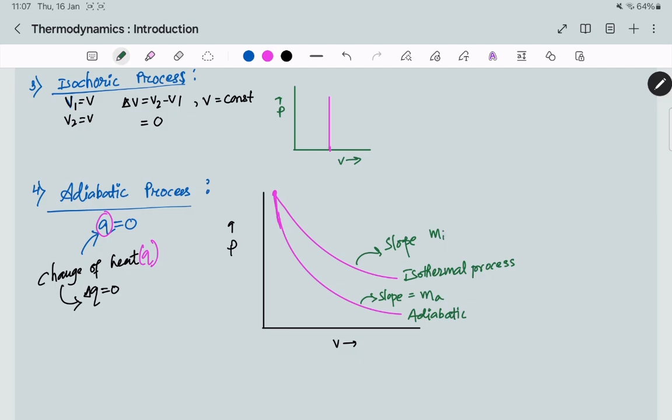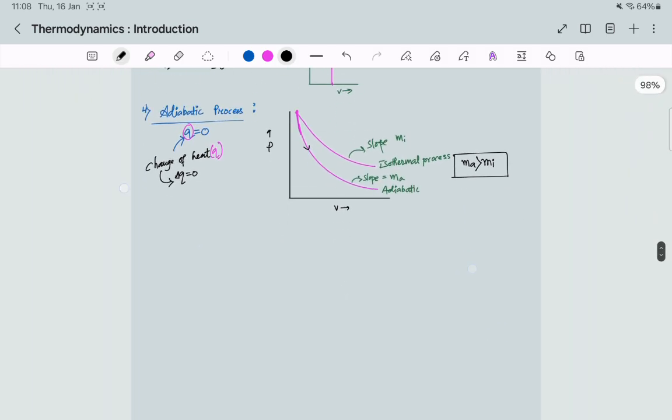So tell me which slope is greater. Of course it is falling drastically for adiabatic process, right? So the slope will also be greater. So we can write ma is greater than mi. Clear?